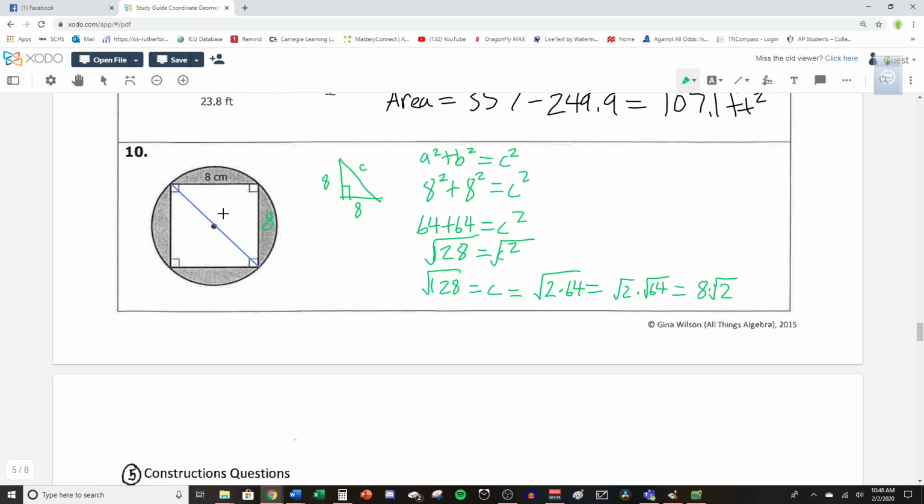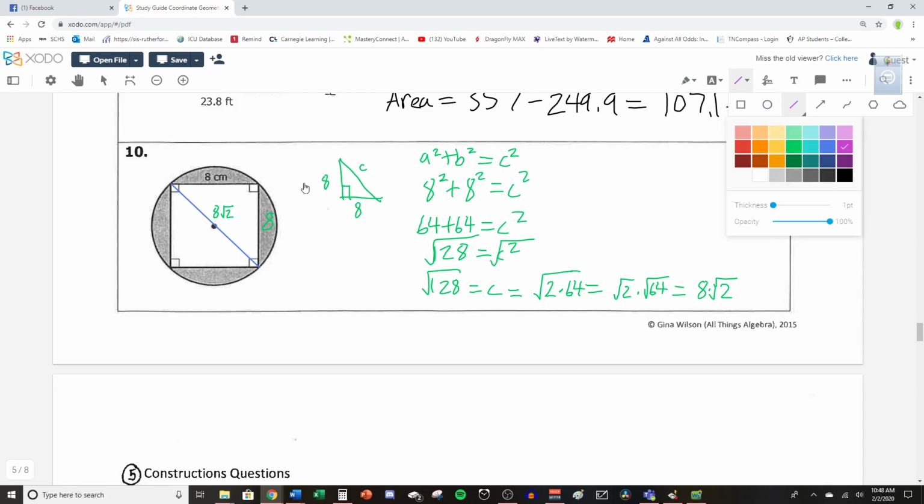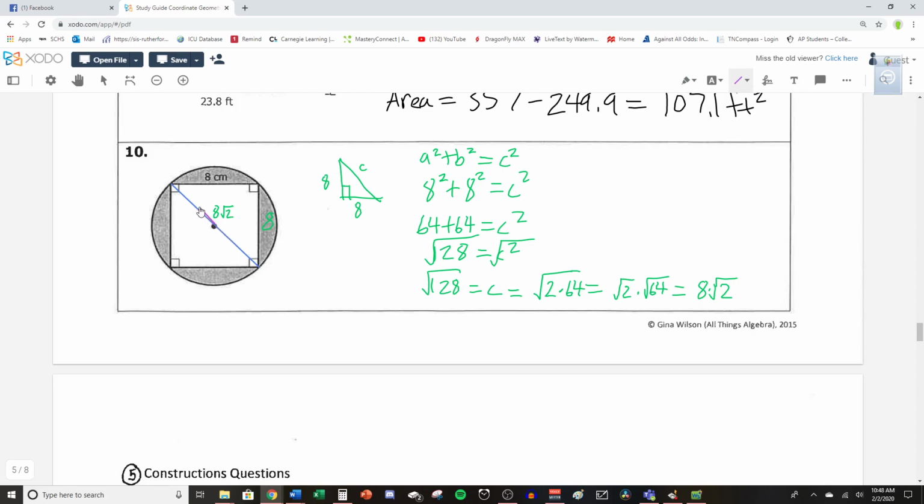So that's actually going to be this diameter. 8 square root of 2 is this whole diameter. I'm interested in the radius. So the radius is going to be half of that distance. Let's go this way to get our radius. Well, if I divide this in 2 to get the radius, I'm going to say r is equal to 4 square root of 2, because all that does is divide the 8. So this purple is 4 square root of 2.